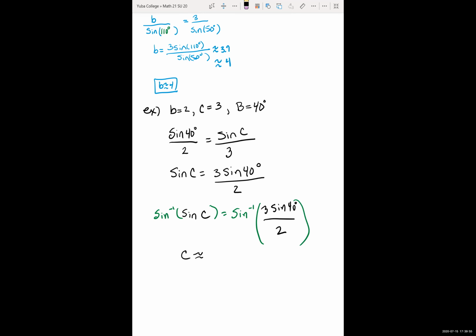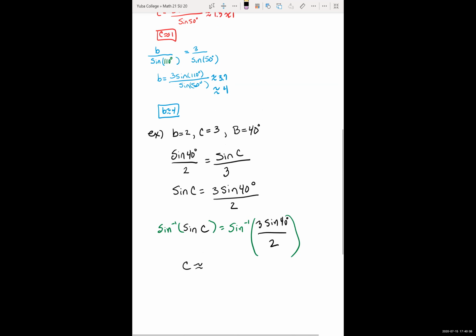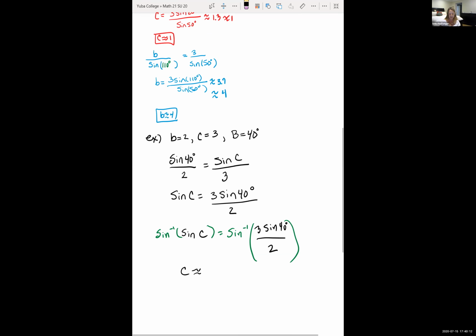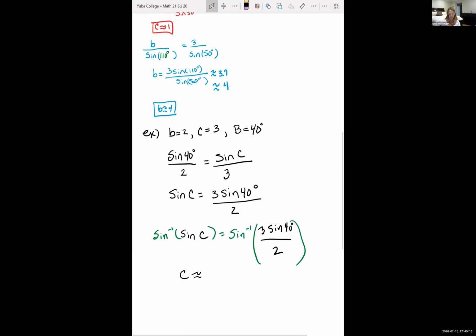Real quick, why is it sine 40 over 2 in this example, instead of the big A over the little a now? Okay, because this time when I was using the law of sines, I was trying to find an angle.